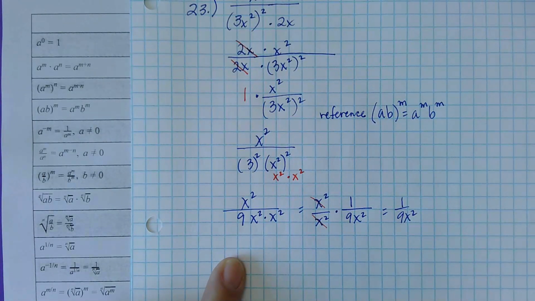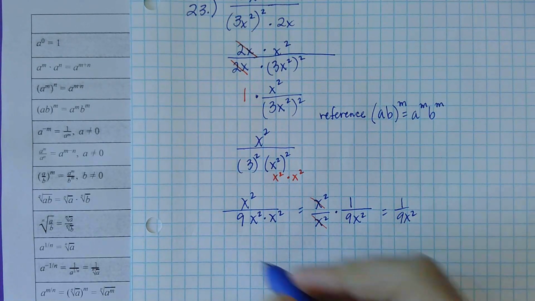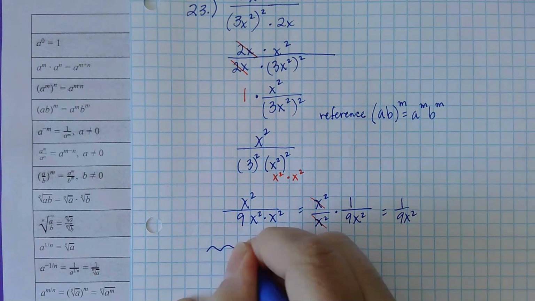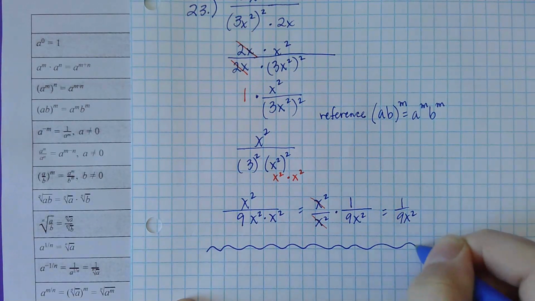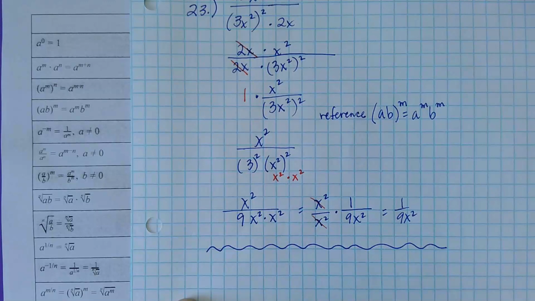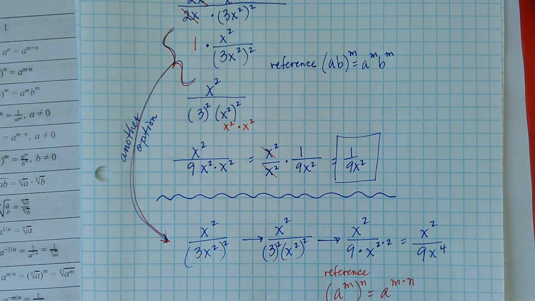Another way to look at this is that if I did it with exponent properties, I will pause this and then show you which ones I referenced. And I'll just post it or open it back up when it's finished. Okay, so like I said, I worked this out using a different path.